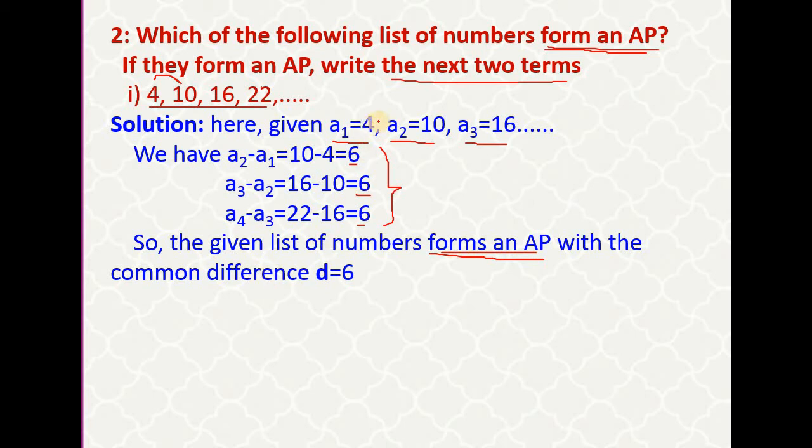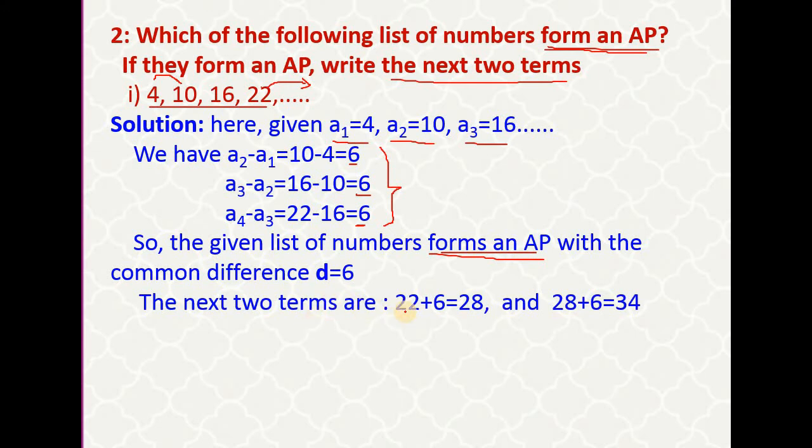Now let us find the next two terms in this arithmetic progression. Students, you can see 4 plus 6 is 10, 10 plus 6 is 16, 16 plus 6 is 22, again 22 plus 6 is 28, 28 plus 6 is 34. If you add the difference, you get the succeeding term.